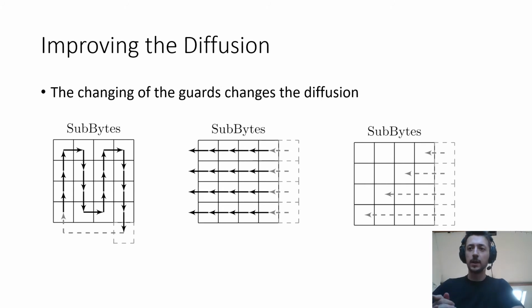So here we see that the changing of the guards actually changes the diffusion properties of our AES. Remember that the changing of the guards took the input of one shared S-box and XORed it with another, and we have to chain all of those S-boxes together. This creates a pattern, as you can see on the slide, and this pattern is a good indication of how the diffusion will change.